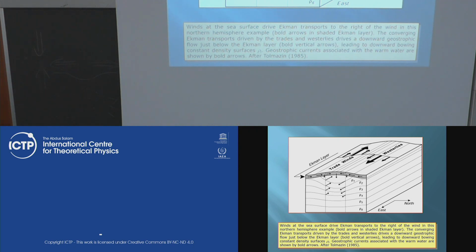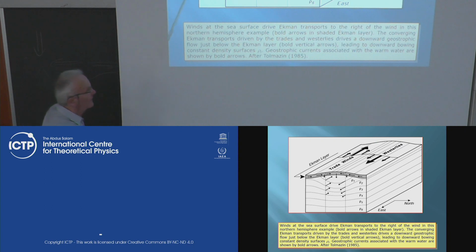You have trade winds and westerlies. In the Ekman layer, you have the convergence. There is the vertical downward flow in the center of this bump, and you have this shape of isopycnals in the interior.